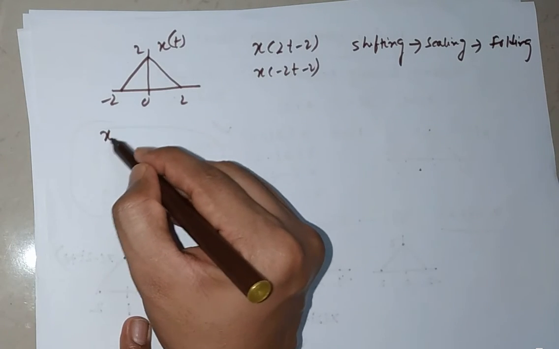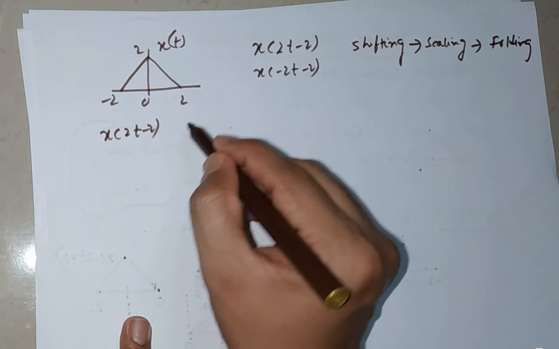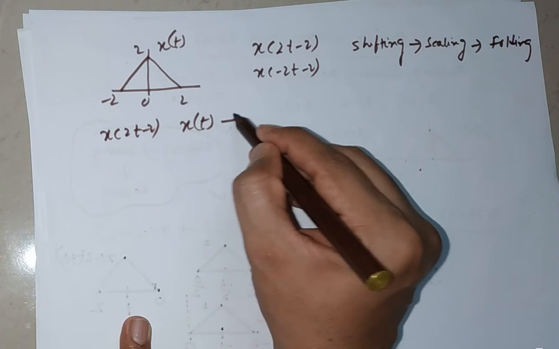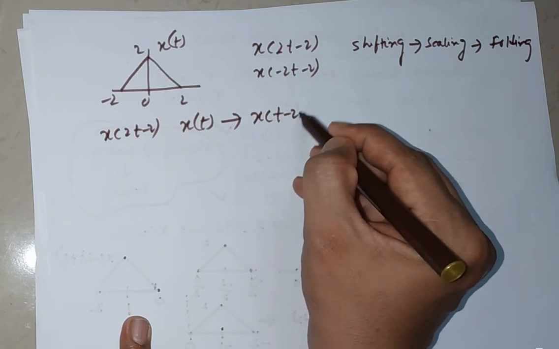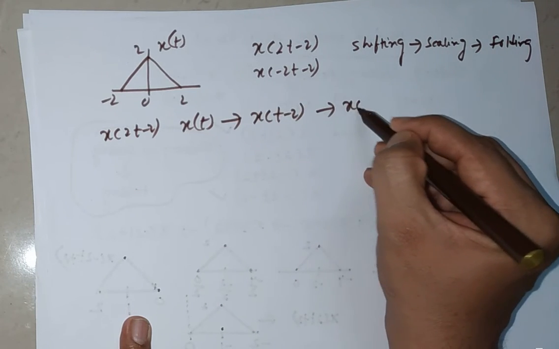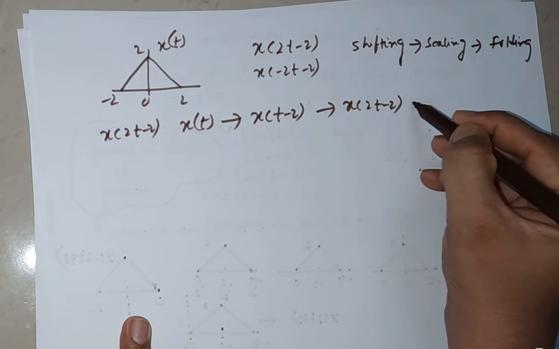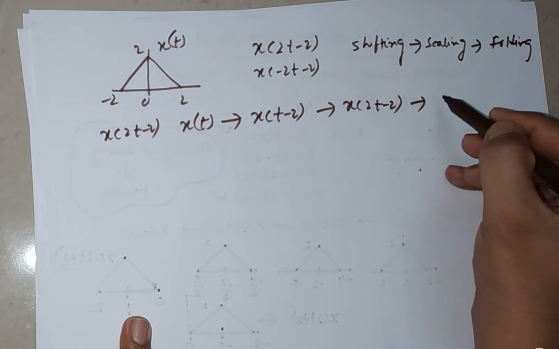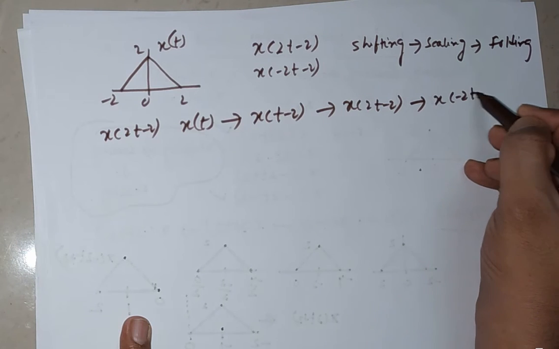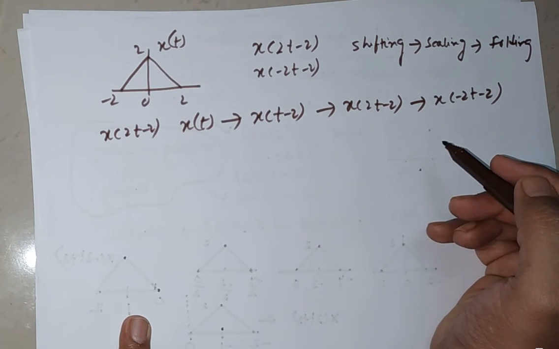So now for x of 2t minus 2, what is the sequence? X of t, then we have to find x of t minus 2, the shifting part, then the scaling part x of 2t minus 2. Then if you want to go for folding also, x of minus 2t minus 2, like this.